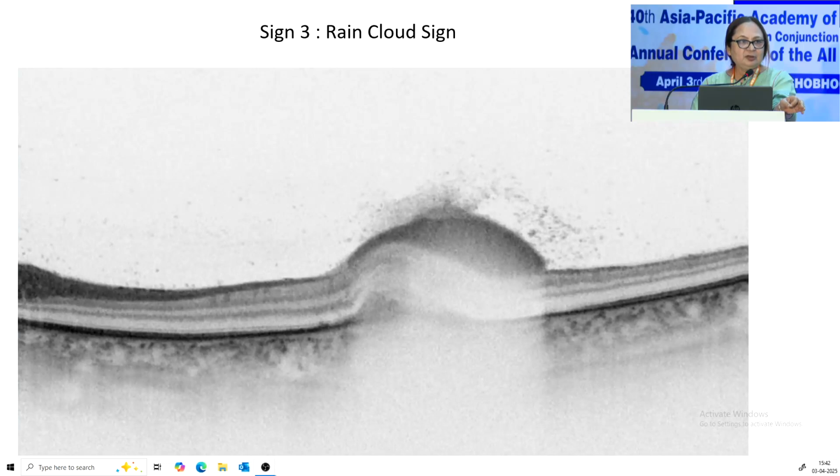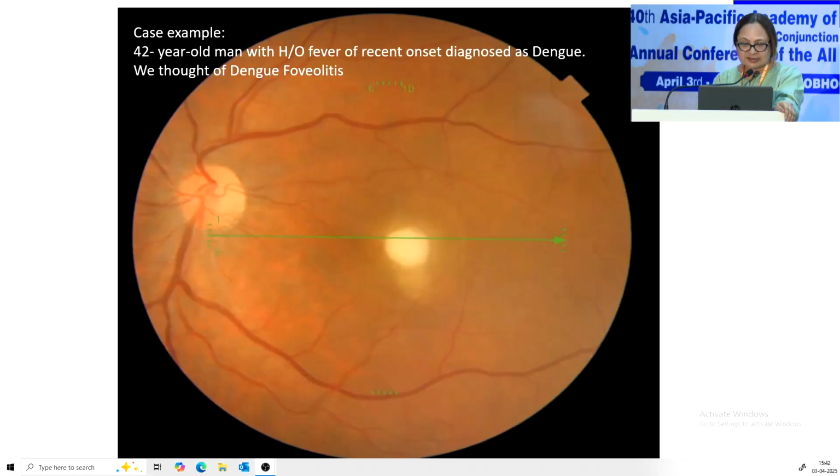Howsoever severe the uveitis might be, it will not break into the vitreous. You may have overlying cells, but the retina would be intact. But once you see these cells breaking through, this is more of an endophthalmitis and not uveitis. This is an example of a 42-year-old man with a history of fever diagnosed as dengue.